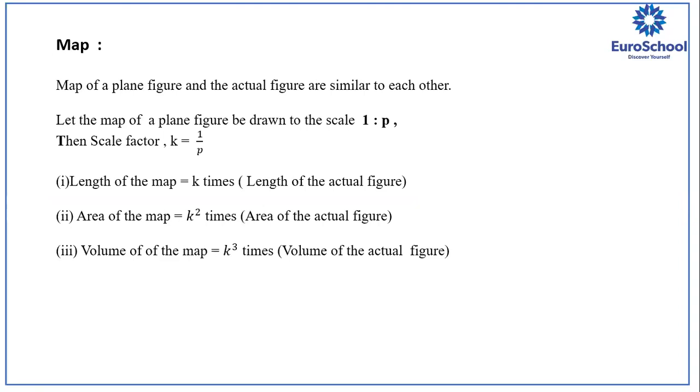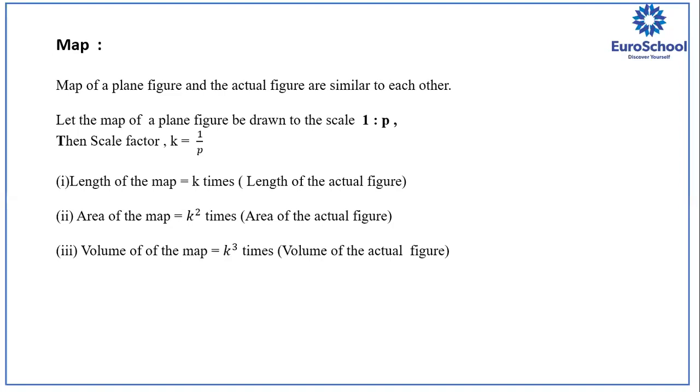So the length of the map is k times the length of the actual figure. Same thing that we did for the model, it was there in the properties of this size transformation. Area of a map: again, the map is always less than the actual figure, so it's k square times the area of the actual figure. Volume is always k cube times the volume of the actual figure.